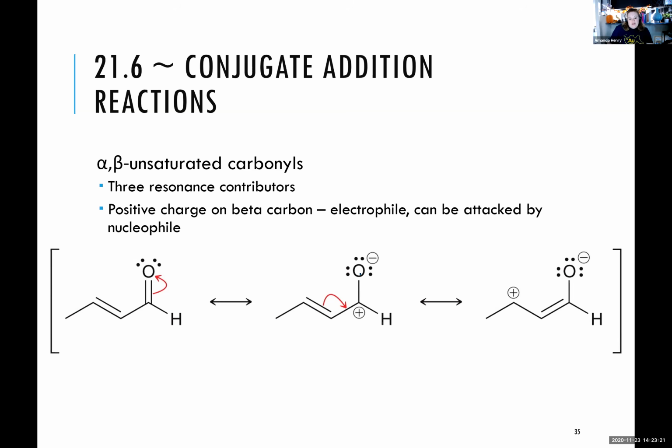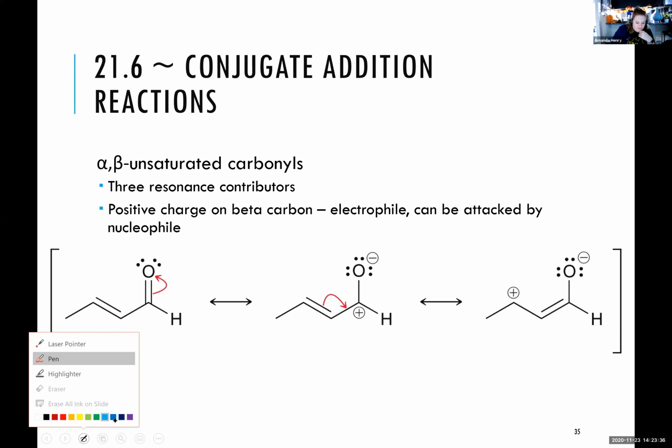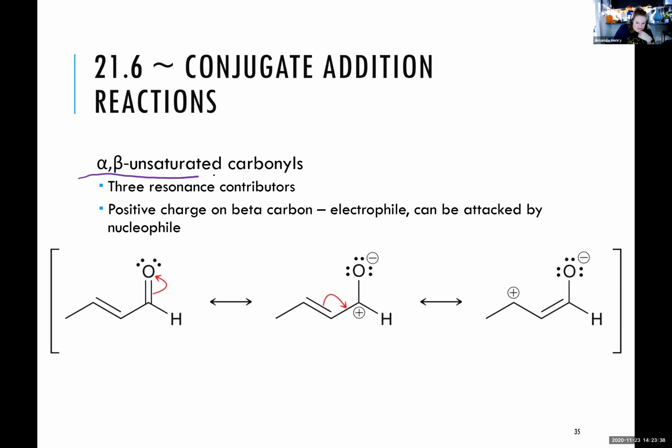We are going to look at 3 more reactions, and we're going to continue to react that alpha carbon, but what we're reacting it with is going to change slightly. So we're going to start using alpha beta unsaturated carbonyls. And notice we're using the word carbonyl there.